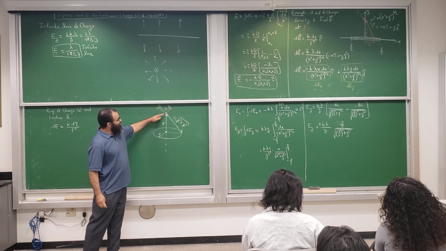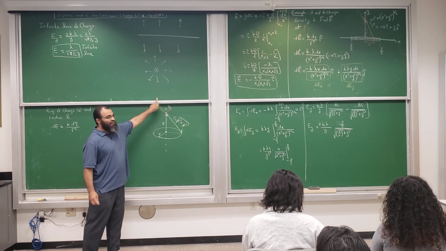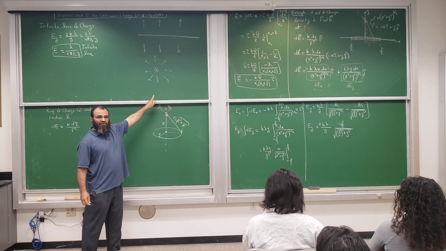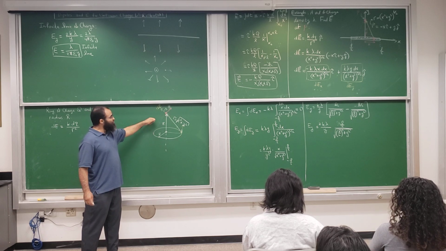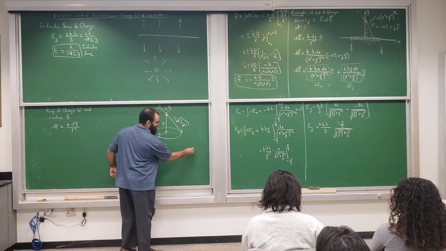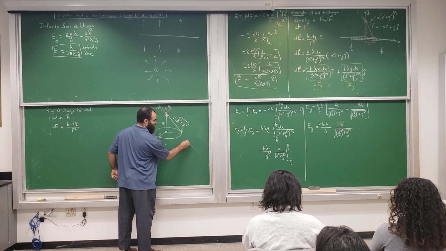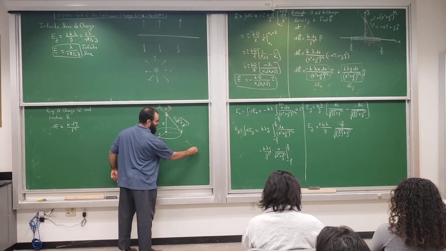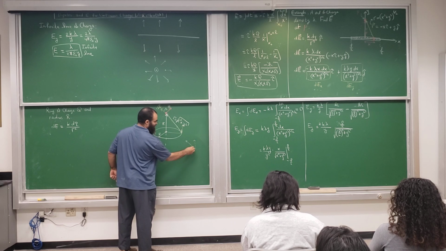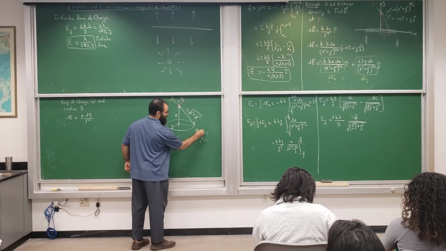We already argued that there would be no horizontal component. Only the z component is going to remain, the component that points up. So given that you have this vector, here is its magnitude, and it has a component this way and a component this way. Let's say this angle here is theta. Here's dE.